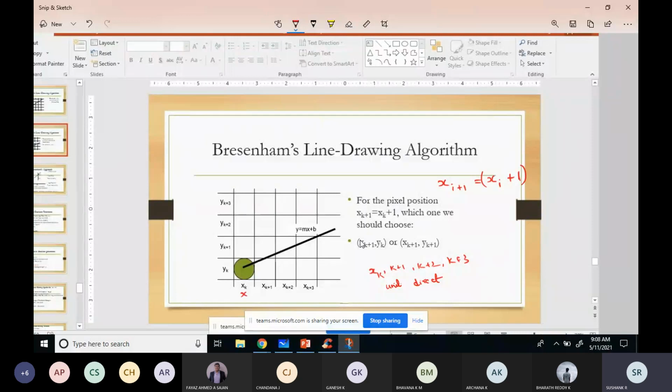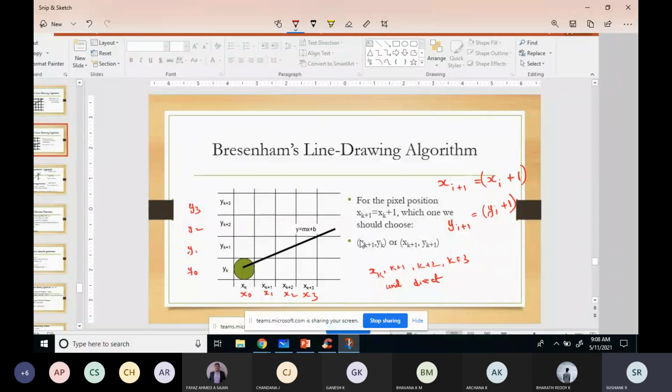You can take this as x0, x1, x2, x3. Similarly, y is also moving in unit directions: y0, y1, y2, y3. So x of i plus 1 you can take as xi plus 1, and y of i plus 1 you can take as yi plus 1, because the pixels are moving in unit intervals, so the next point will be plus 1 of the previous point.